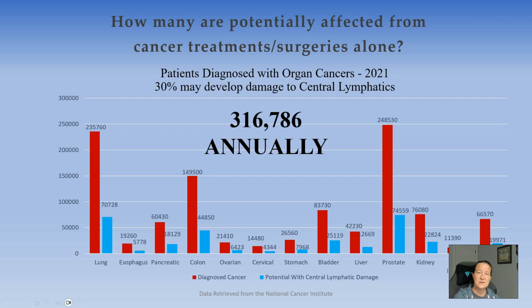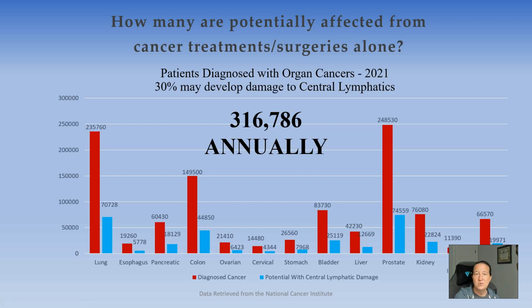And that's a lot. And when you think that in our 2024 timeframe cancers are spiking and on the rise, and younger populations are included, how many of those could potentially also have impairments to their central lymphatic system because of cancer treatments?